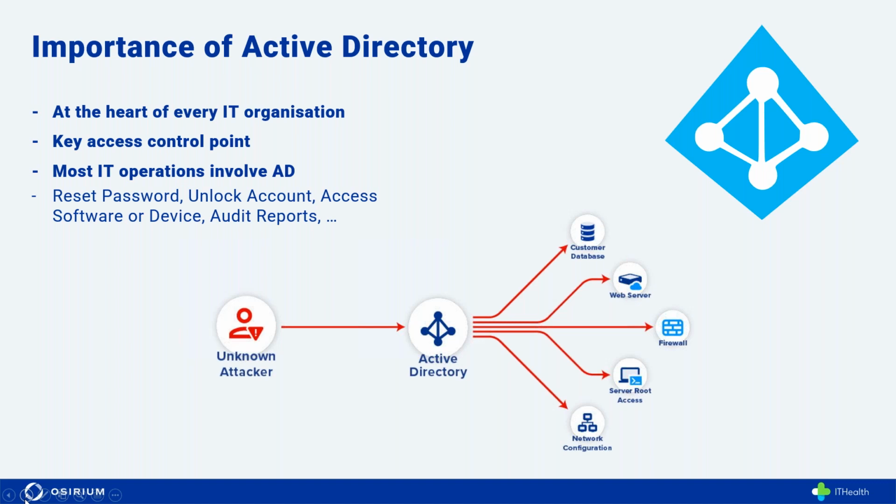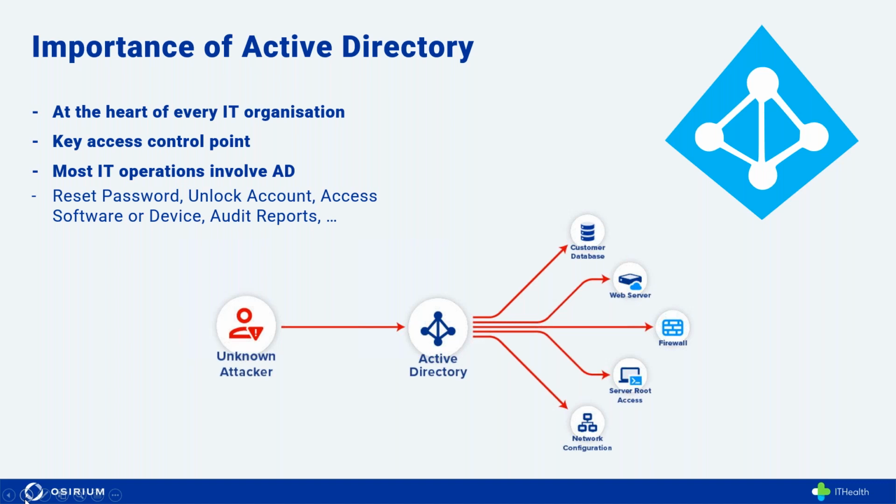So it's very much a core service at the heart of everything that goes on inside IT. It's a key point of control, because this is where you can lock down a user account and say they can only access these devices, or they are allowed to access this application, or they are allowed to connect from this location, or other points of control such as that.